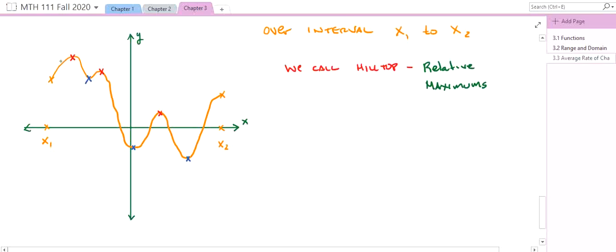Notice when you have a relative maximum, on one side the slope goes up, on the other side the slope goes down. One side the slope goes up, the other side of the slope is negative. Positive, negative slope. The slope at the hilltop is equal to 0. Okay?